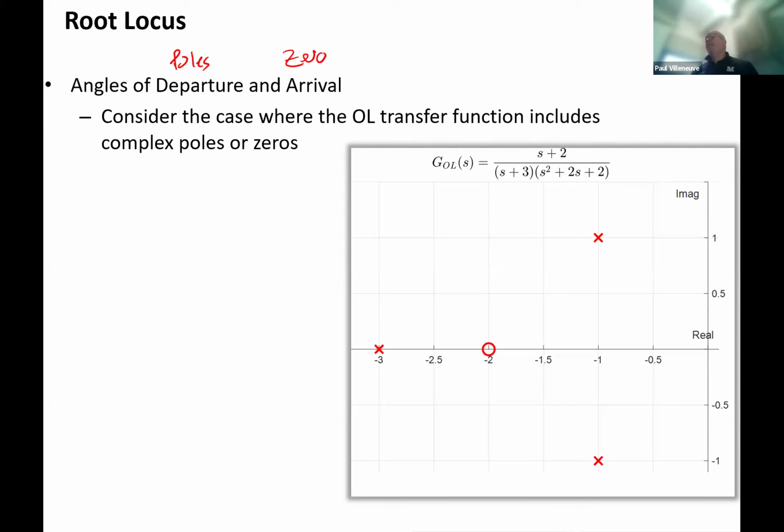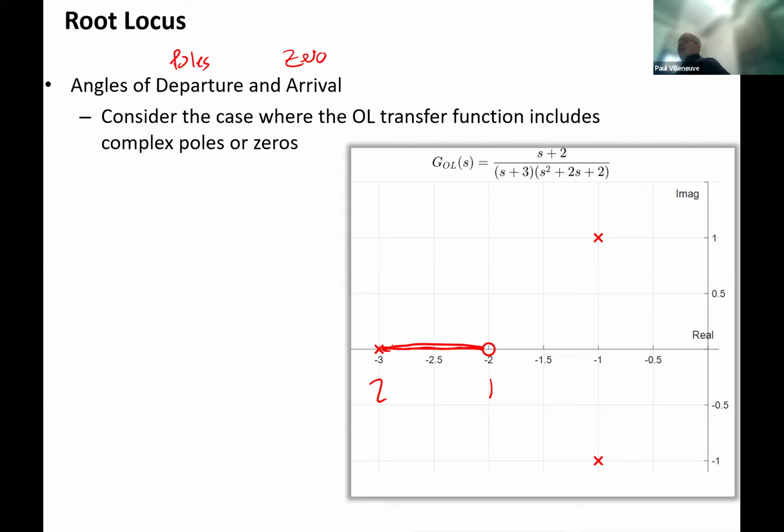So the first rule of thumb is where does the root locus live on the real axis? Remember what we did last class where we calculated all those angles? We ordered the poles and zeros, and we said that on the real axis, it lives to the left of an odd pole or zero.